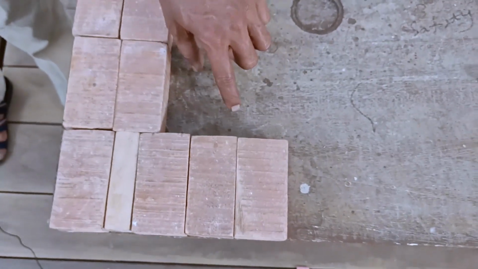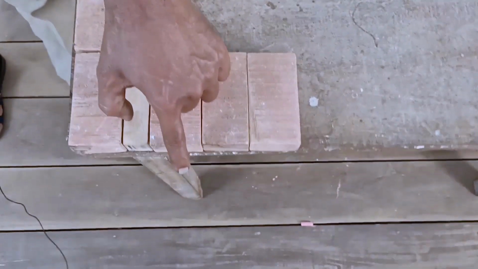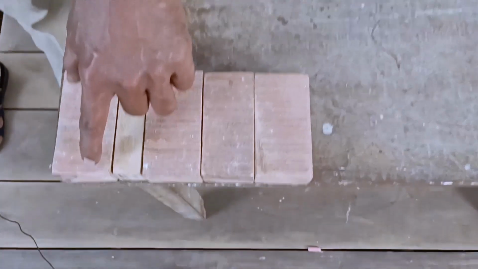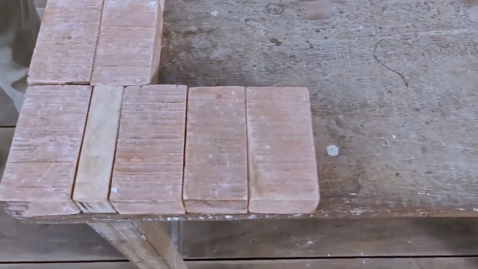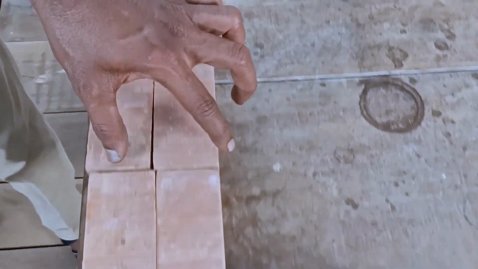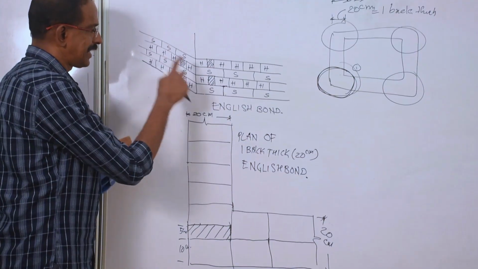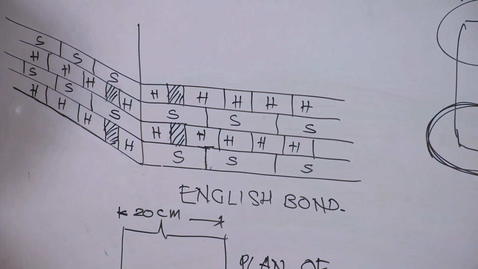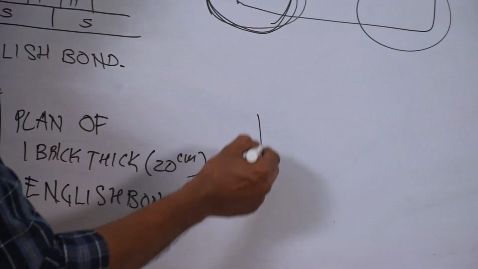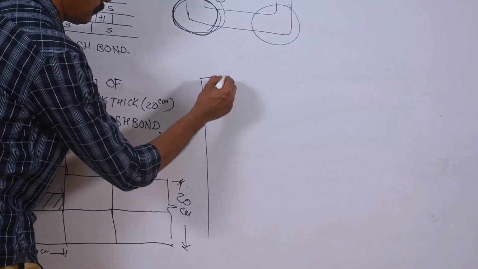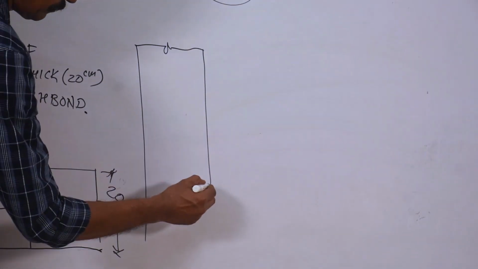This is inside and this is outside. So one wall is constructed in this direction, another wall is constructed in this direction. Now the second layer. Again the same way. Draw the corner, 20 centimeter.